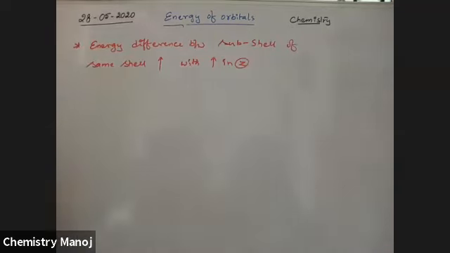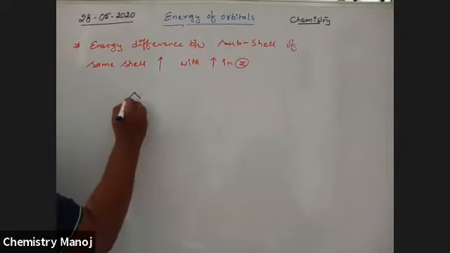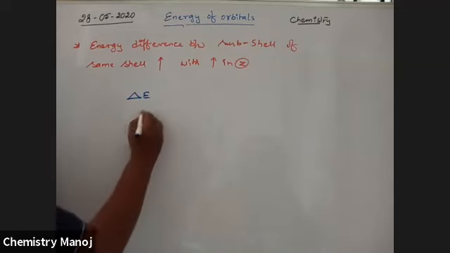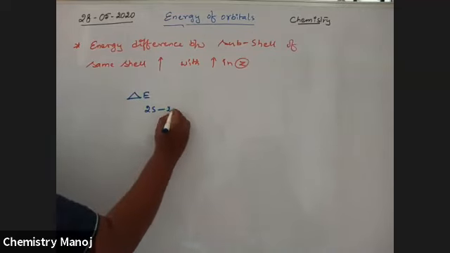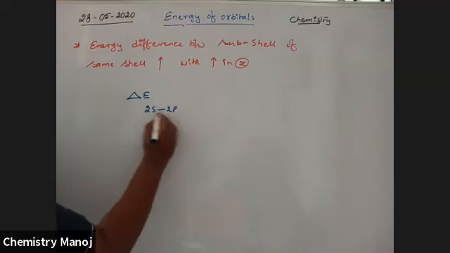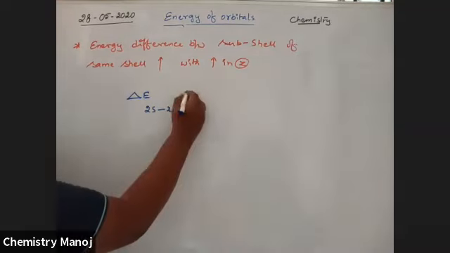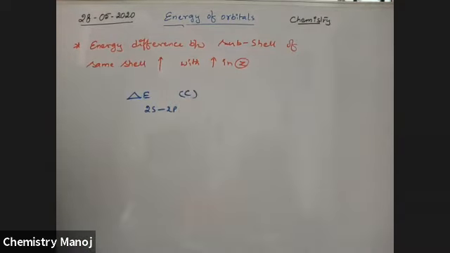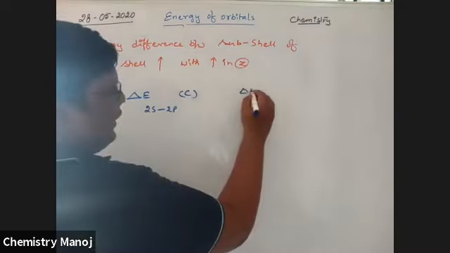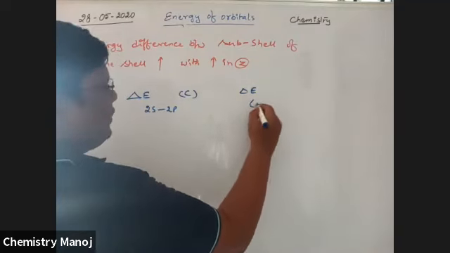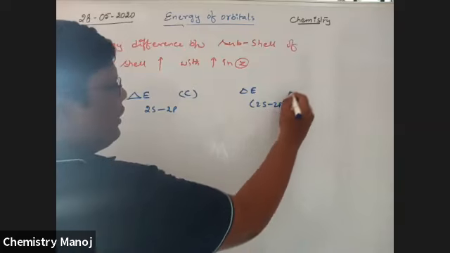See here, energy difference means delta E. There is a delta E value between 2s and 2p, same shell, the second orbit, but different subshells, of carbon. I am going to consider the delta E of the same 2s and 2p of nitrogen.